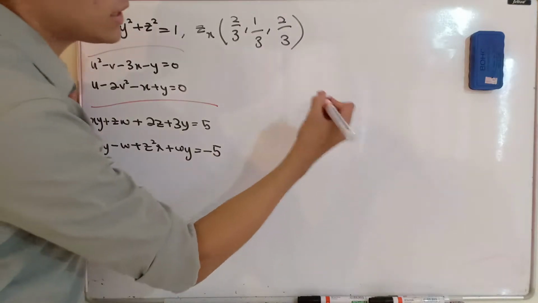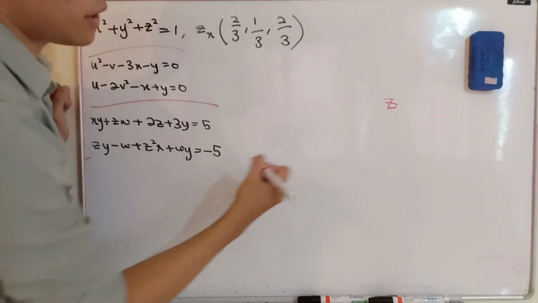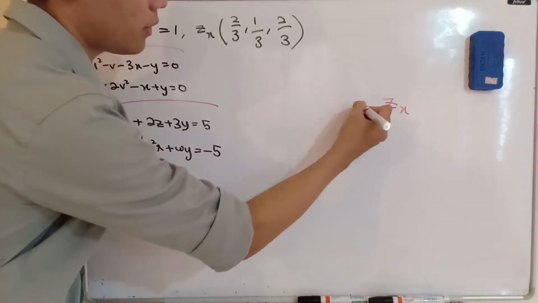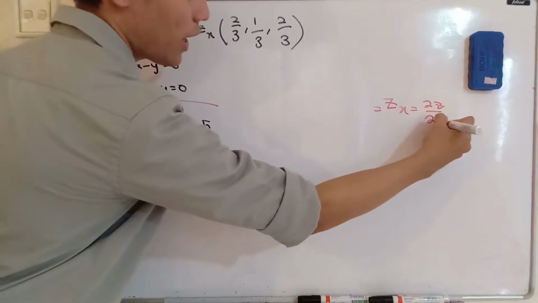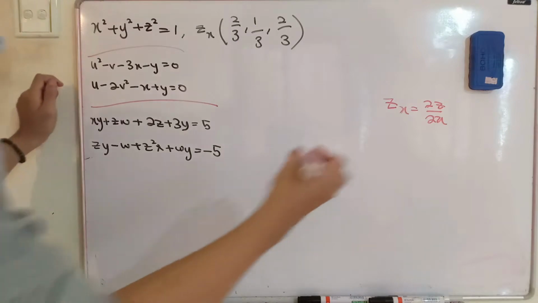So let's say I want to differentiate with respect to x, or maybe you can understand more easily if I write del z over del x. If I have del z over del x, what I need to do is this.